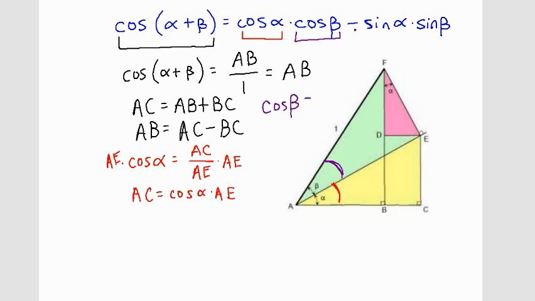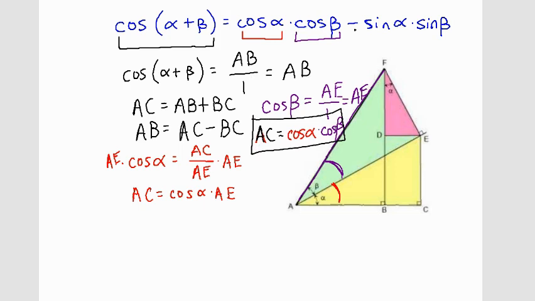Cosine beta is equal to AE, now it's got the 1 as its hypotenuse, so over 1, which is just AE. So that means we can get AC is equal to cosine alpha times cosine beta. Great, we're half done already.